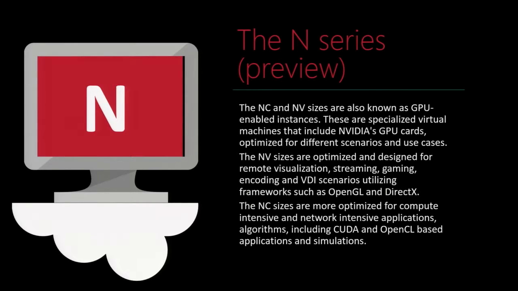But these have exceptional graphic capabilities, right? So they've got the NVIDIA GPU cards designed for, you know, VDI solutions, for example, OpenGL and DirectX frameworks. Again, intensive network operations, algorithm crunching, OpenCL-based simulations, that kind of thing.